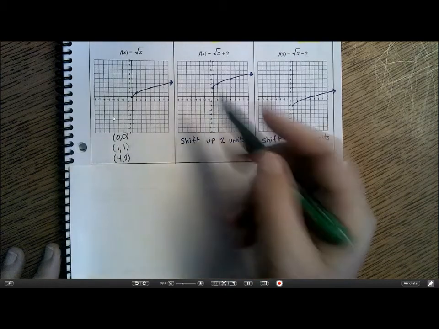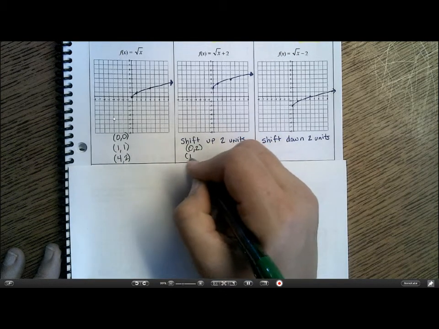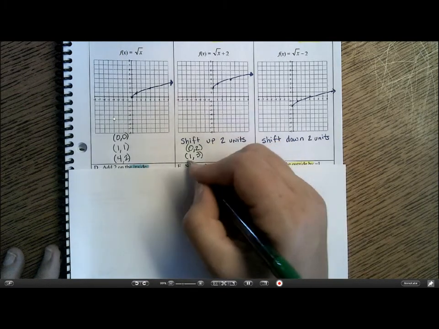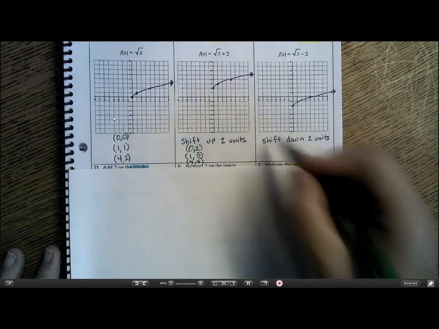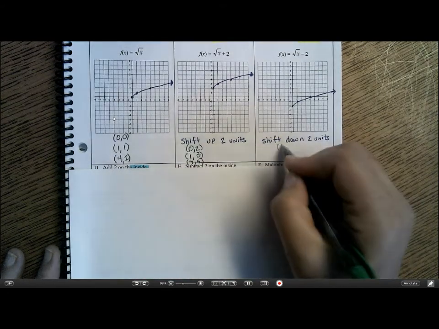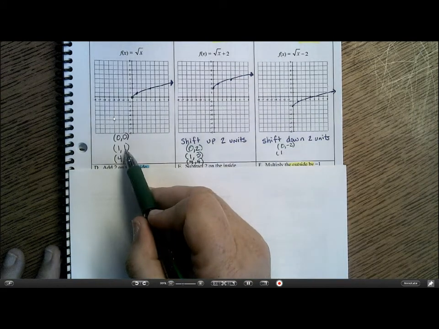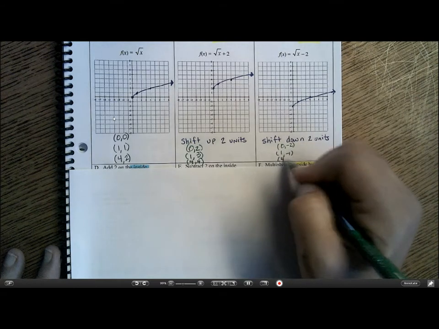Then now the ordered pairs are 0, 2, 1, we're going to add 2, so 1, 3, and then we've got 4, 4. When we shift down, that 0, 0 became 0, negative 2. The 1 we are subtracting 2 from, so 1, negative 1. And then we also now have 4, 0.